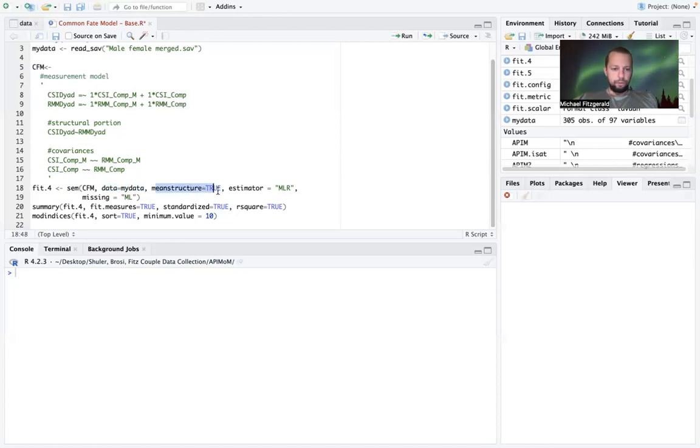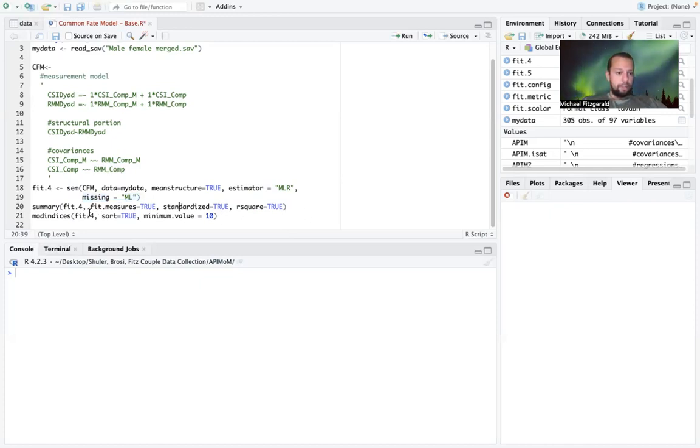Mean structure equals true, estimator equals MLR. My preference is to use MLR because it provides an adjustment to our chi-square statistic and our standard errors due to non-normality, which we almost always need in the social sciences. So this is actually my default. And then I have missing equals ML to employ full information maximum likelihood, so we don't listwise delete some of our cases.